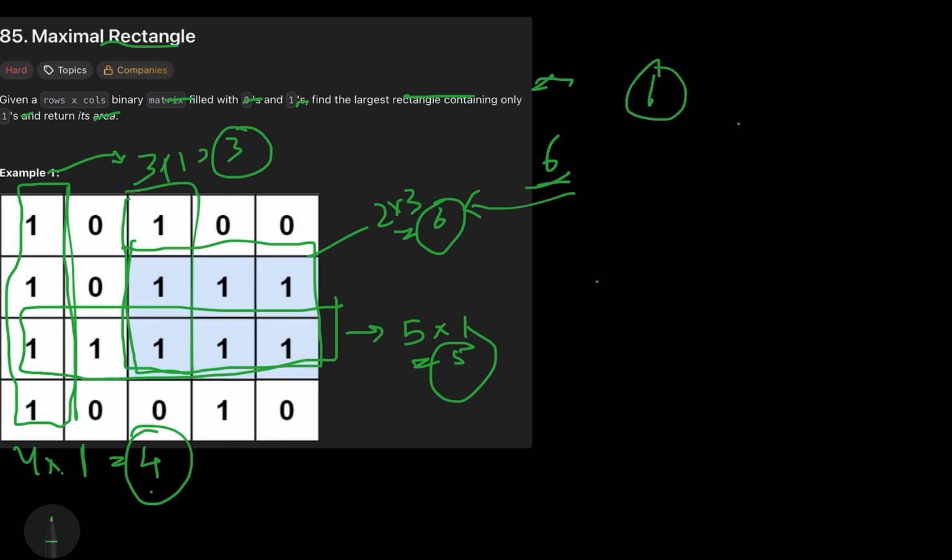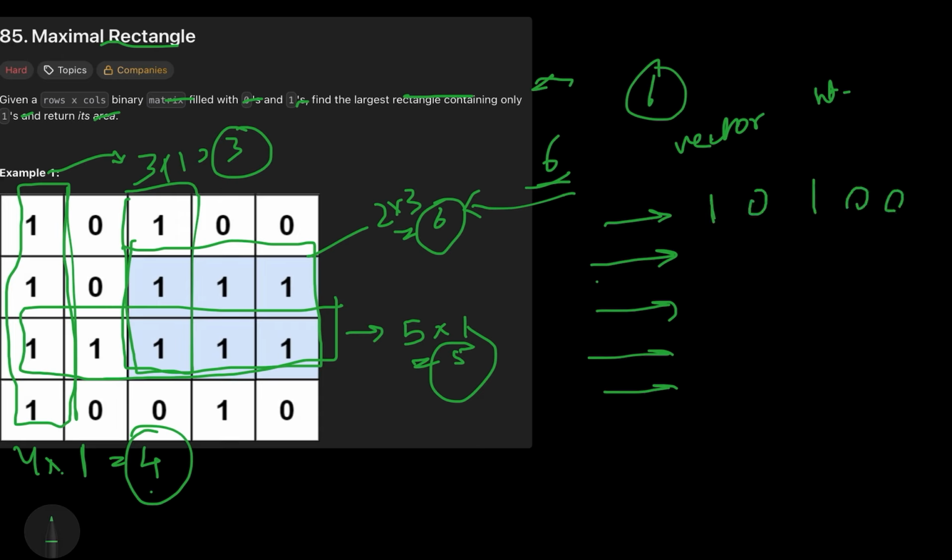So how can we calculate it? We can first traverse row wise and we'll initialize a vector height which will calculate the height. Suppose here 1 is there, so 1 will come, then 0, 1, 0, 0.